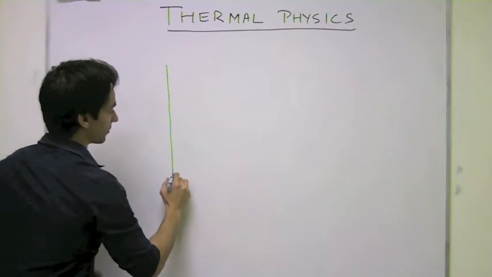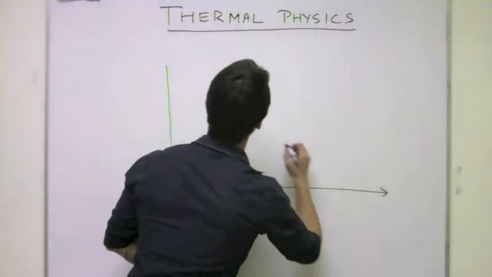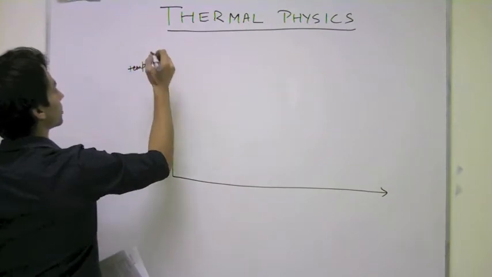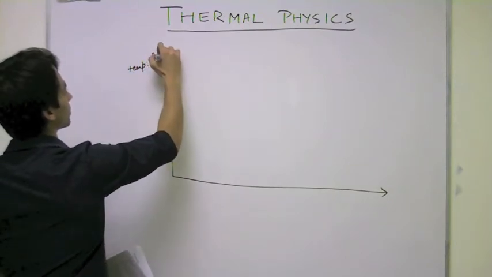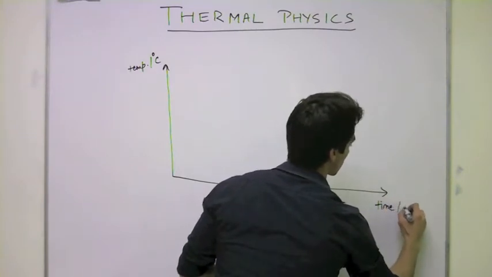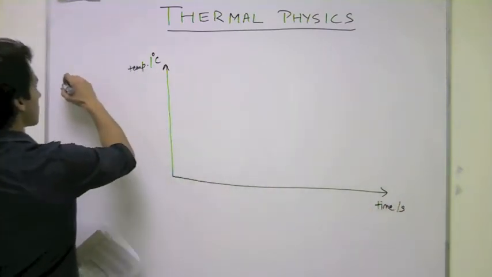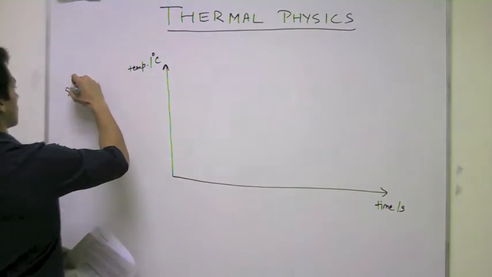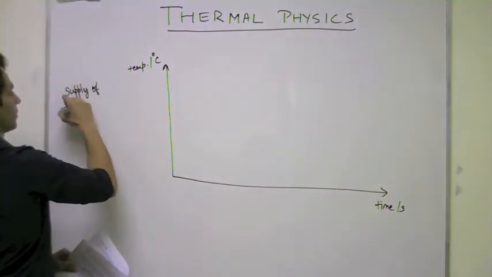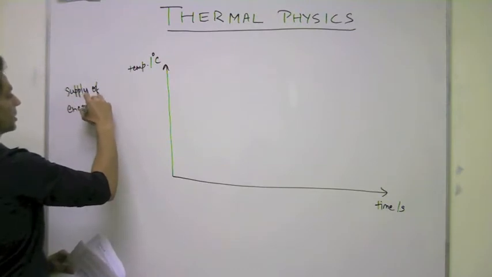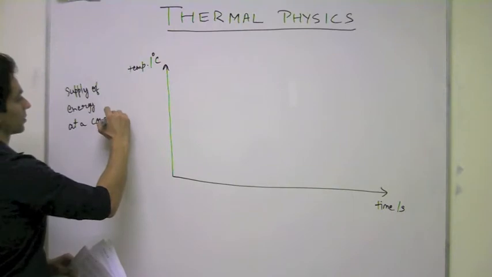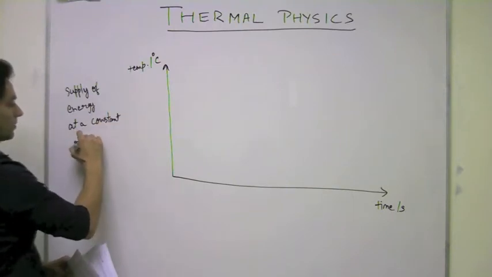So if I have a graph of temperature in degrees Celsius versus time in seconds, okay, and I'm supplying energy at a constant rate.